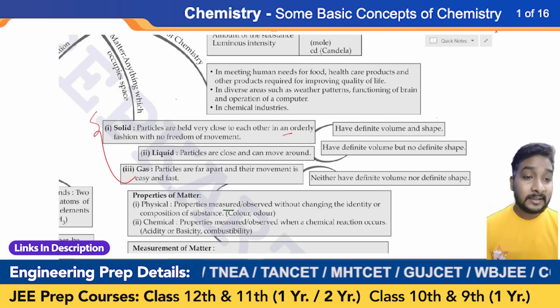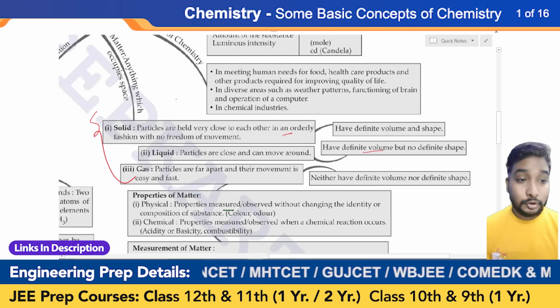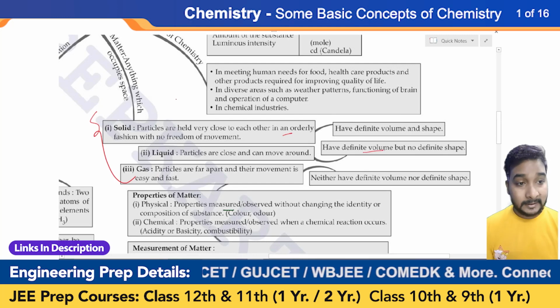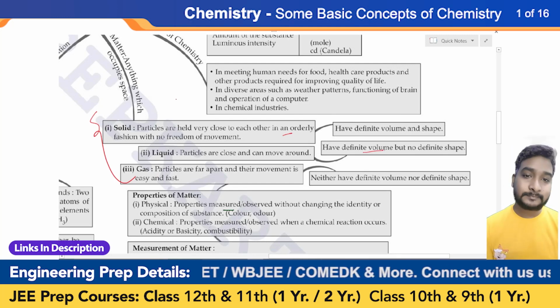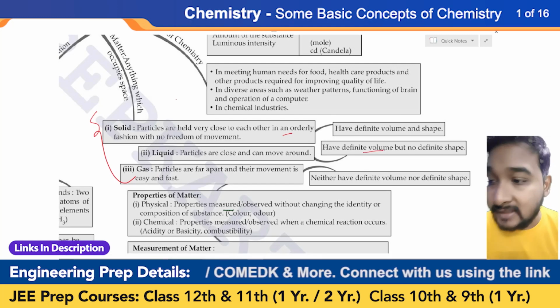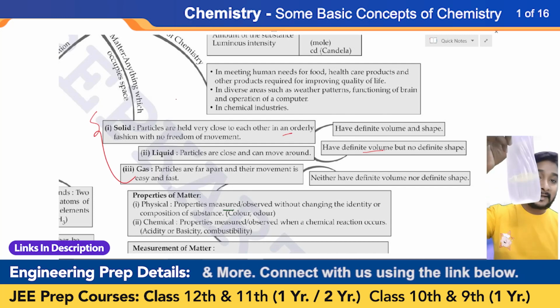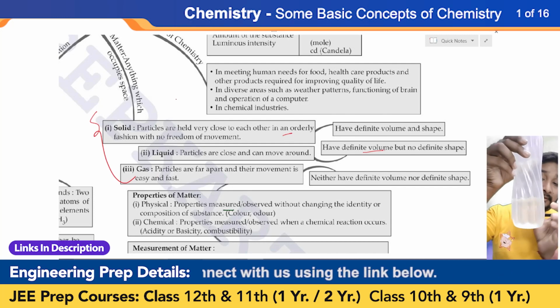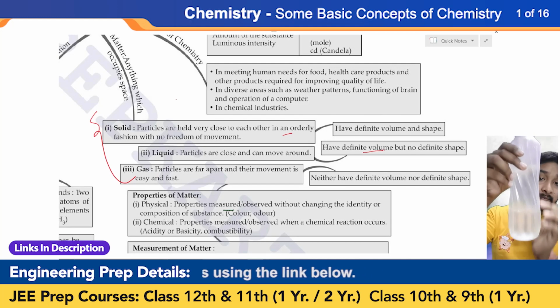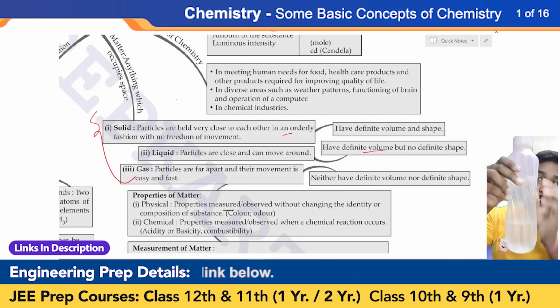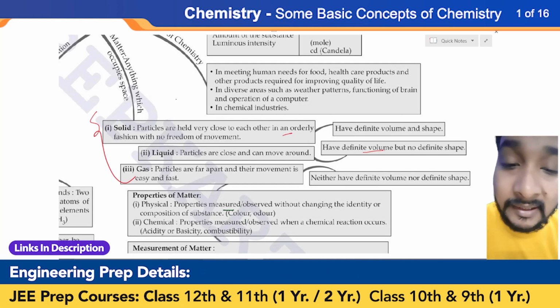Okay. Similarly, for liquid, their volume is fixed, no doubt in that, but their shape is not fixed. For example, suppose I have this water bottle, right? We have this water. Now water becomes cylindrical in this bottle, because the bottle is also cylindrical, right?